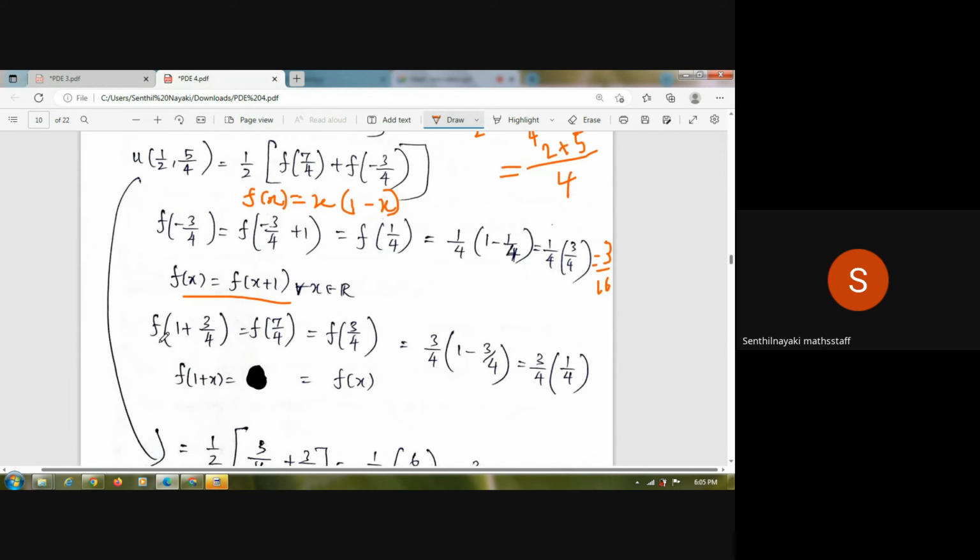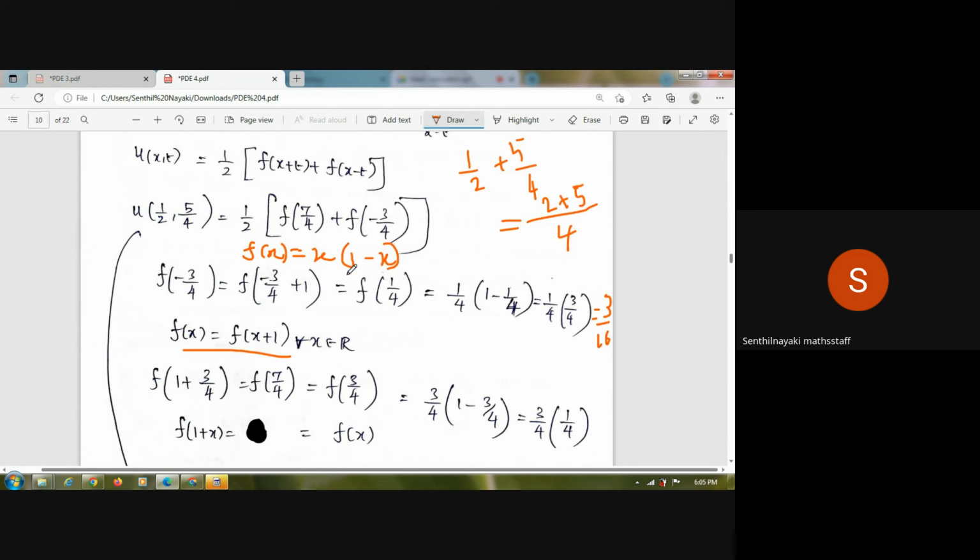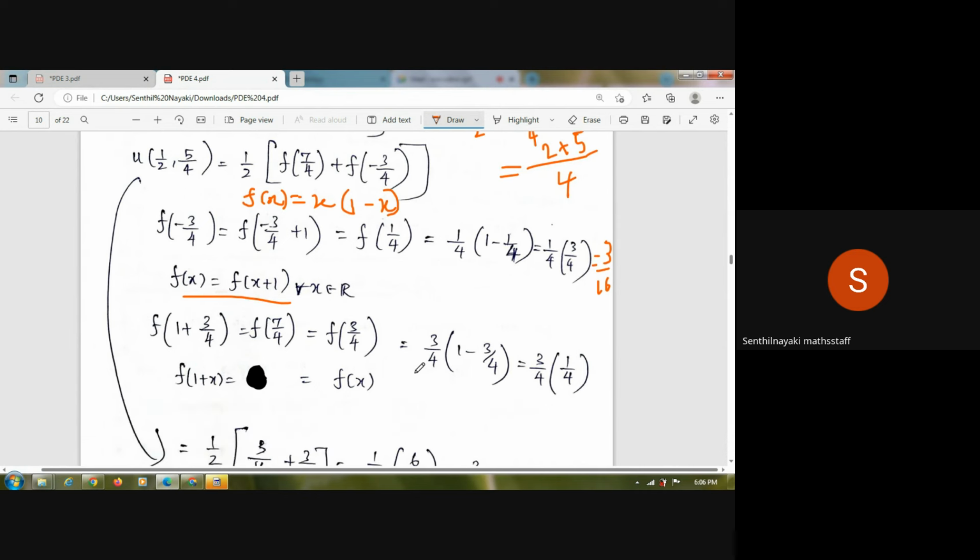Next, we have to find out the value of f of 7 by 4. So f of 7 by 4 means it is f of 1 plus 3 by 4. So instead of f of 7 by 4, we can just find out the value of f of 3 by 4. So 3 by 4 into 1 minus 3 by 4, therefore 3 by 4 into 1 by 4.